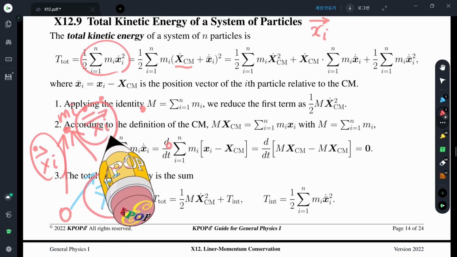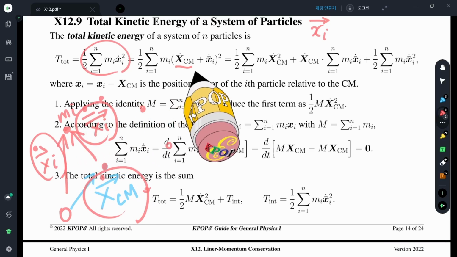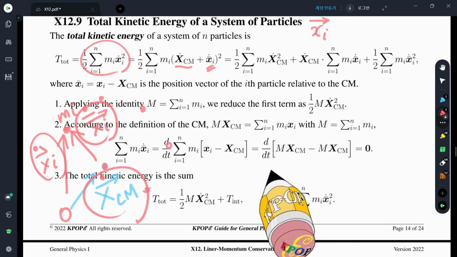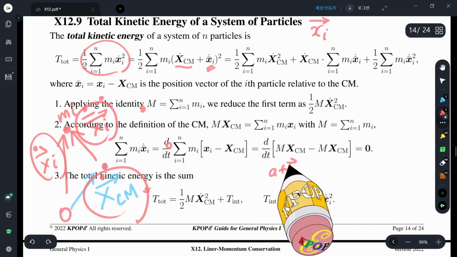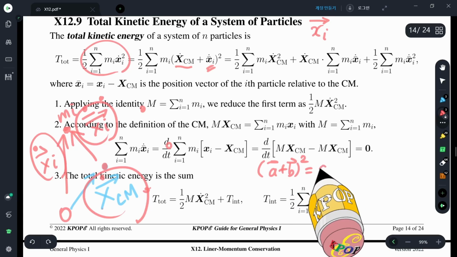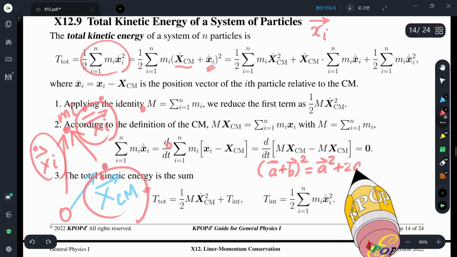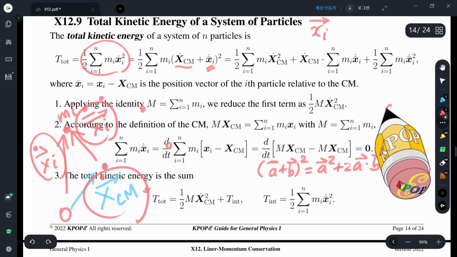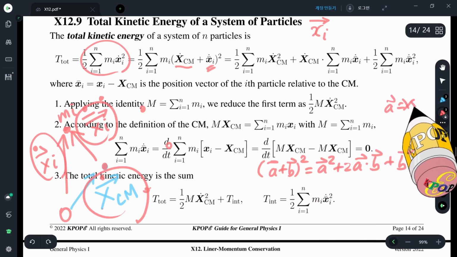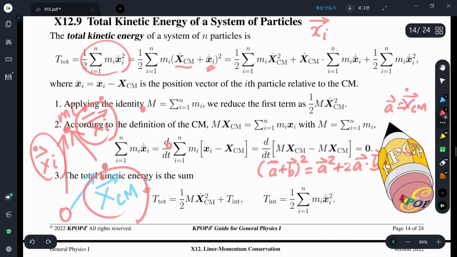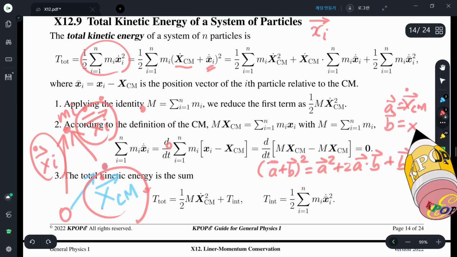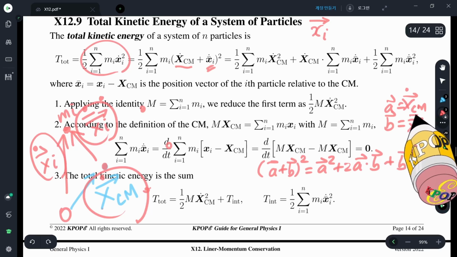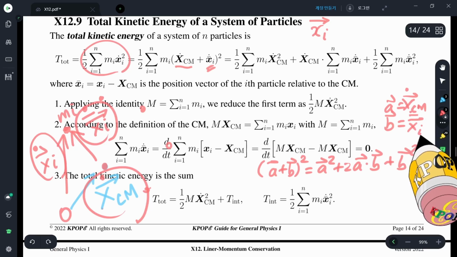That is xi bar dot. If you square it, it is something like a plus b vector squared. That is a vector squared plus 2a dot b plus b squared, where a is the center of mass velocity and b is the relative velocity of the ith particle relative to the center of mass.